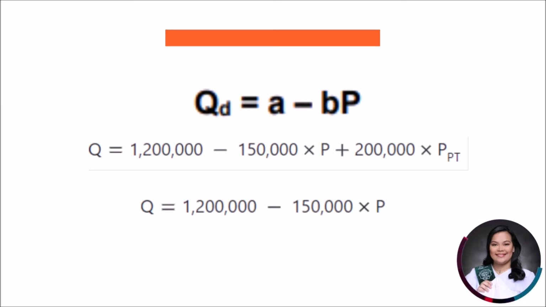Since the equation above creates a relationship not only of the kilometers demanded with the price charged but also with the price of a substitute, it represents both a shift in the demand curve and a movement along the demand curve.